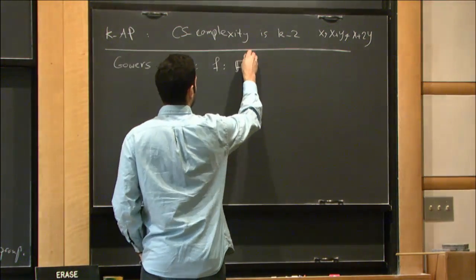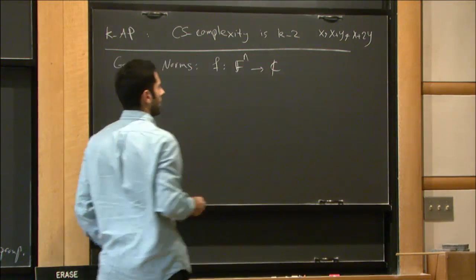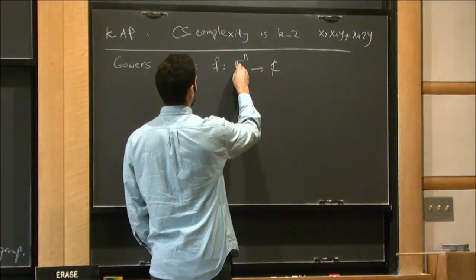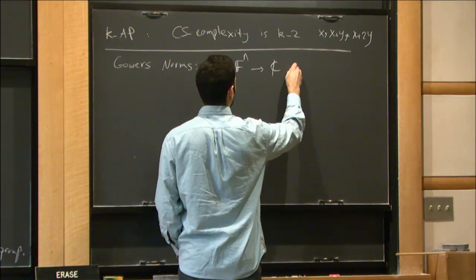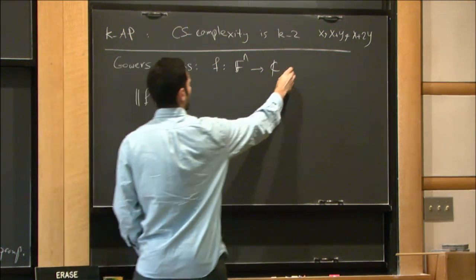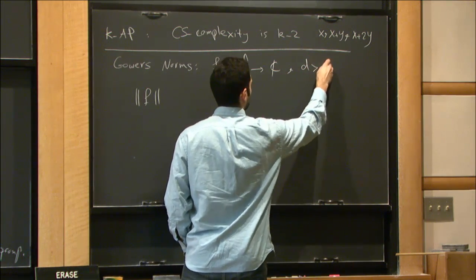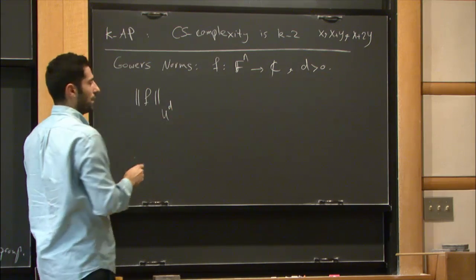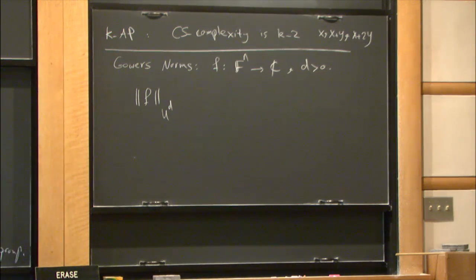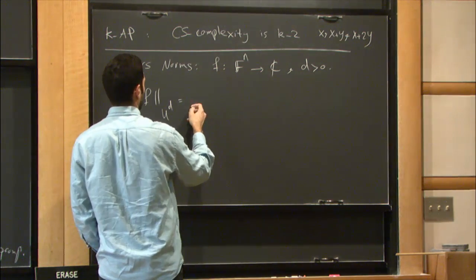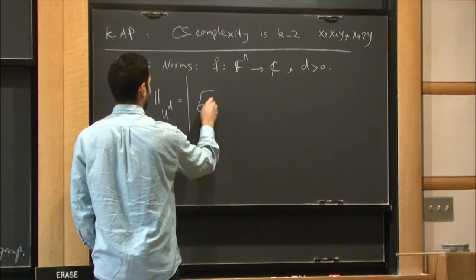So let's say that I have a complex valued function f over F to the n, and let's say that d greater than or equal to 0 is an integer. The U^d norm of f, the d-th order Gowers norm of f, is defined by the following expression.